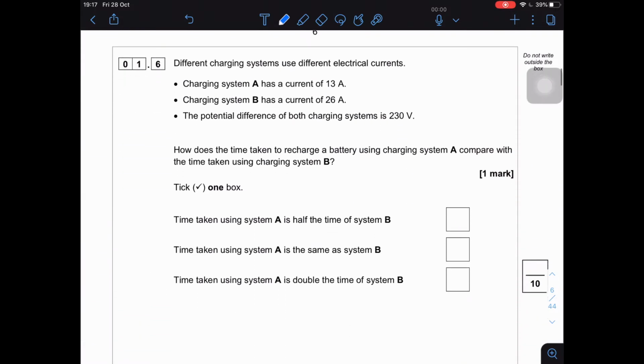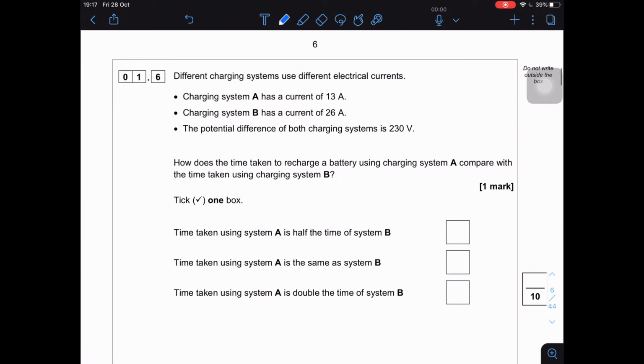Our next one. Here, charging system A has 13 amperes. Charging system B has 26 amperes. Both potential differences are 230 volt. So how long will charging system A and charging system B take?